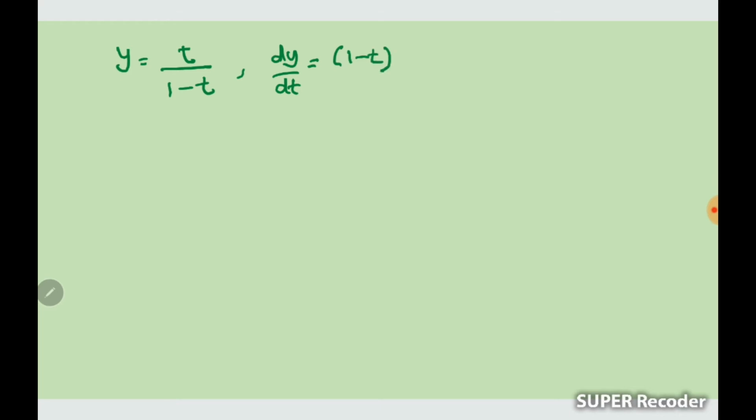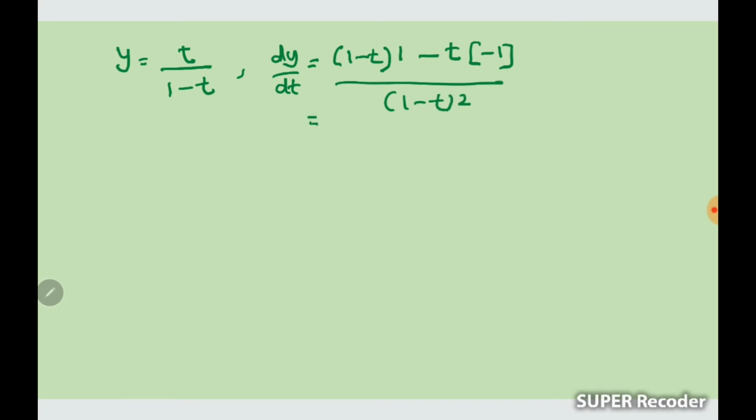Okay, now y is given as t over 1 minus t. dy/dt is equal to, we will do the quotient rule here. 1 minus t, copy, differentiate t, the answer is 1, minus, copy t, differentiate 1 minus t, the answer is negative 1, over (1 minus t) squared.